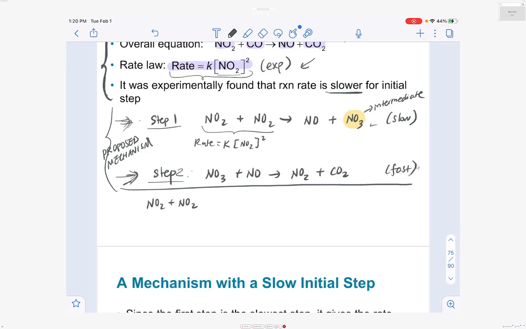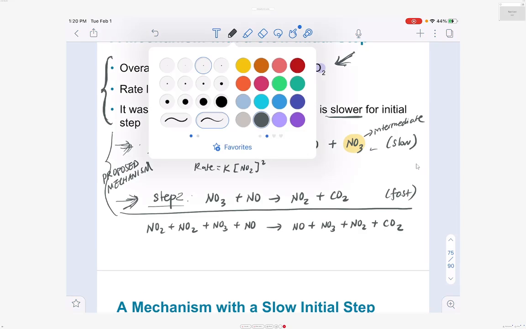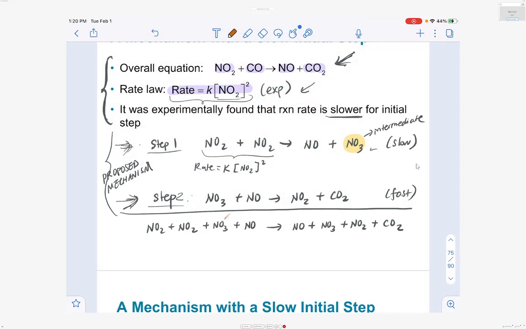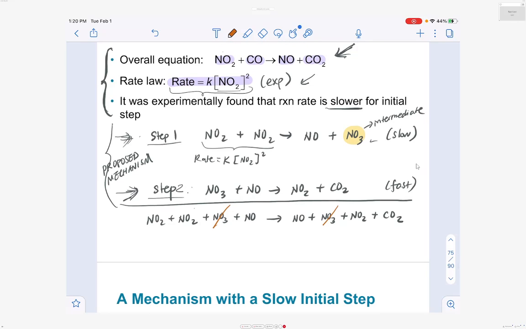These are the step one reactants. These are the step two reactants. On the product side, you have these. Then the intermediate cancels because it appears on both sides.